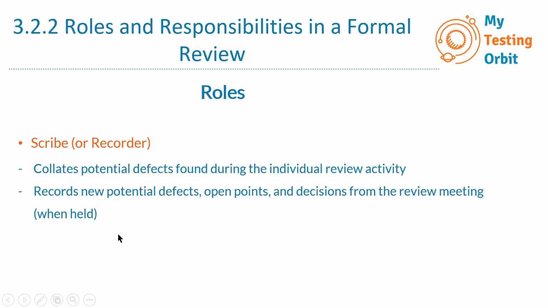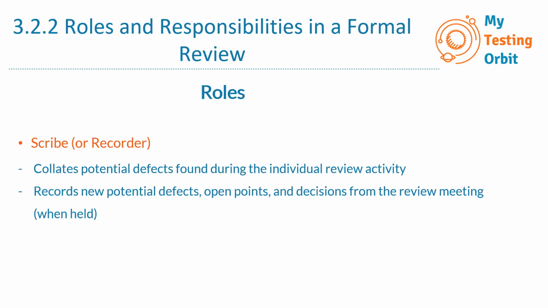So when we identify the defects, when they are discussed and analyzed, and we agree that these are the defects we are going to fix, then someone needs to take the responsibility of writing them down in the system, whatever system you are using. So basically, the scribe or recorder is the person who performs these kinds of activities.